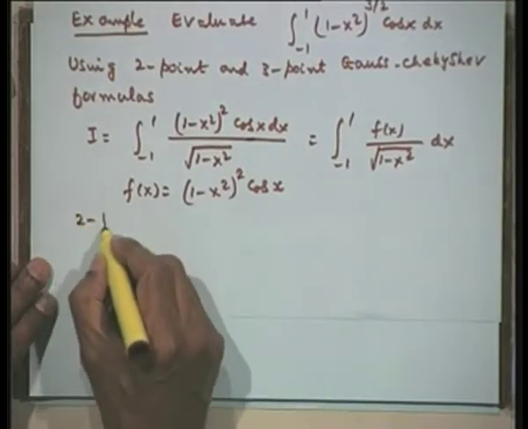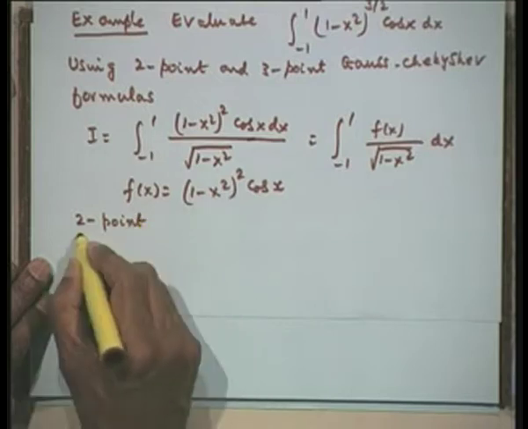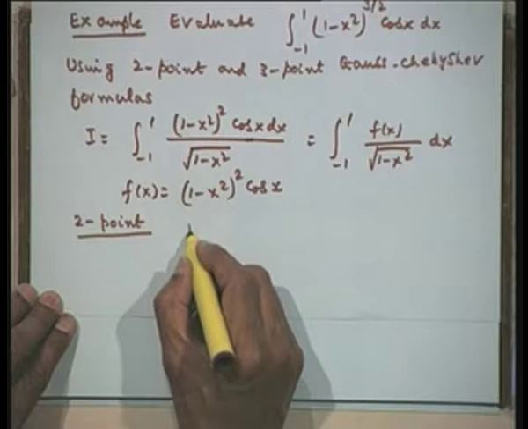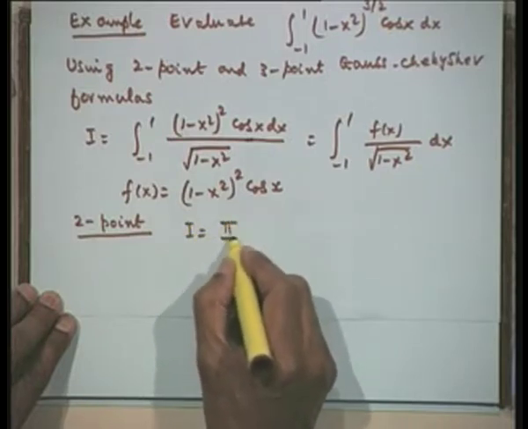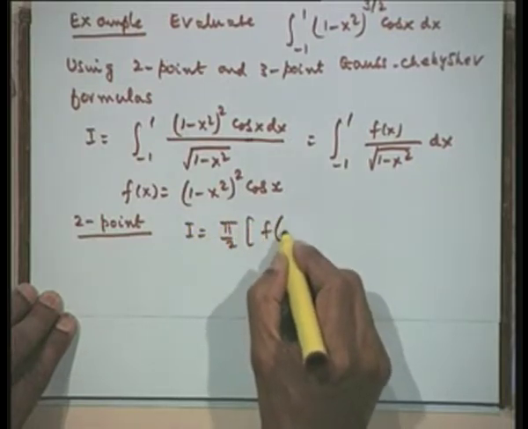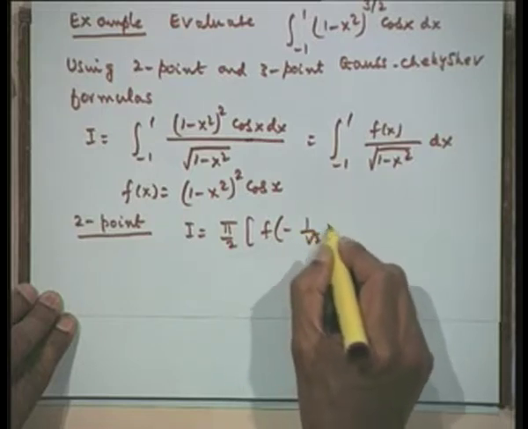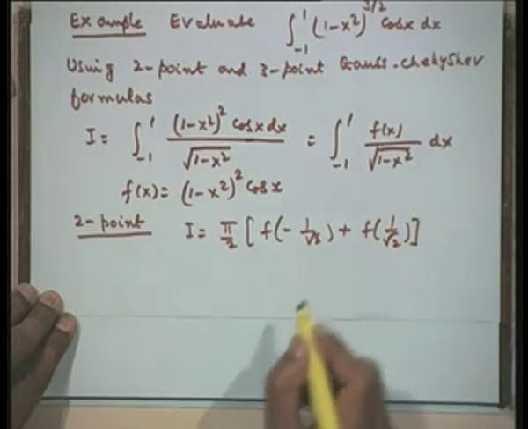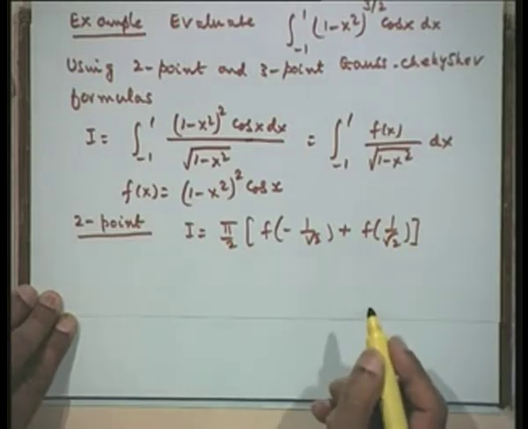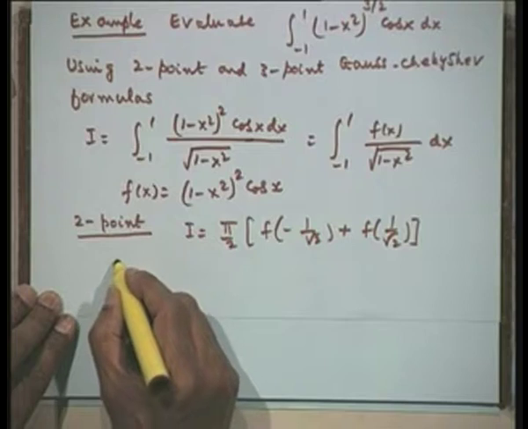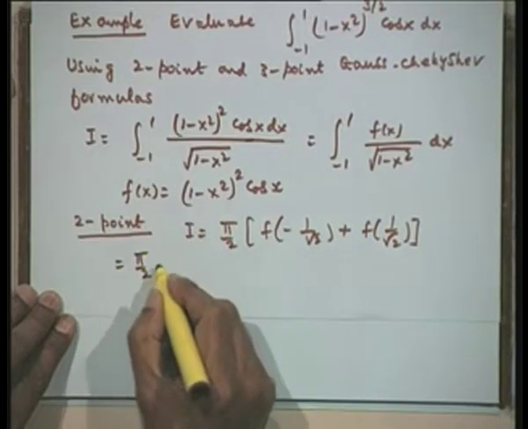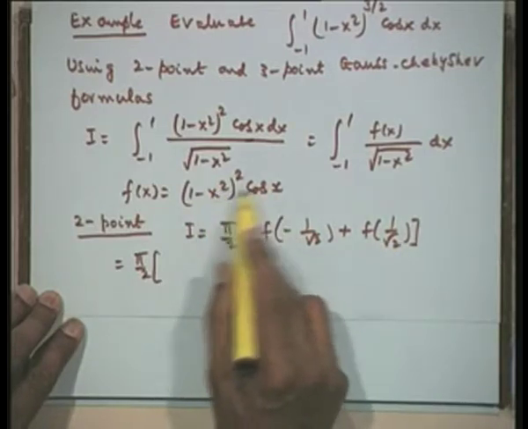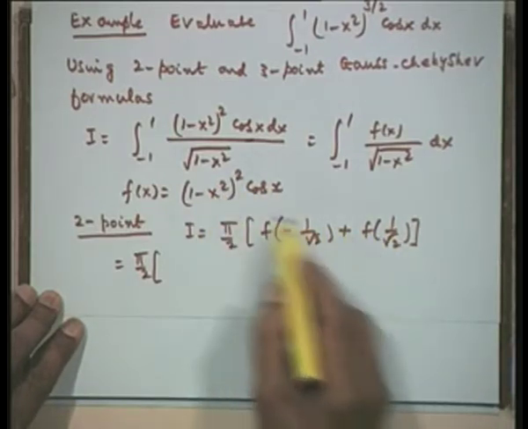So let us write down our 2-point formula. The 2-point formula gives us I is equal to pi by 2 times f of minus 1 upon root 2 plus f of 1 upon root 2. So let us substitute it. You can see that we have all even functions completely, so both the values are going to be the same.